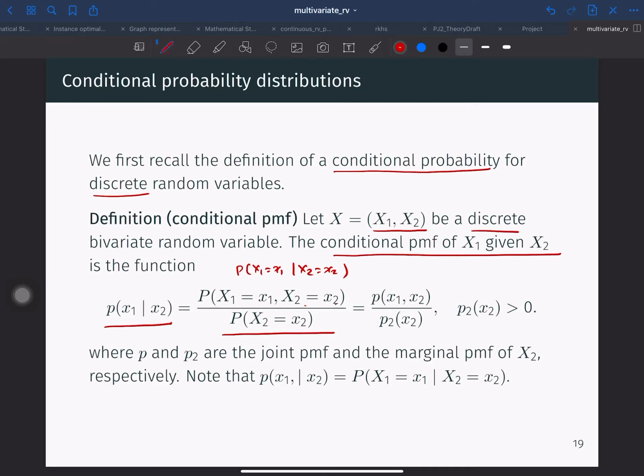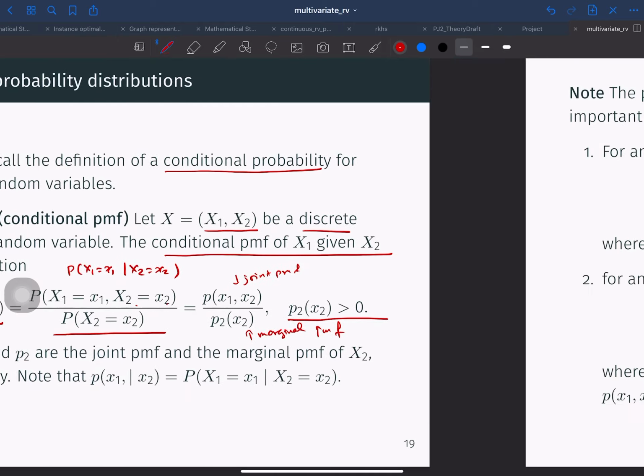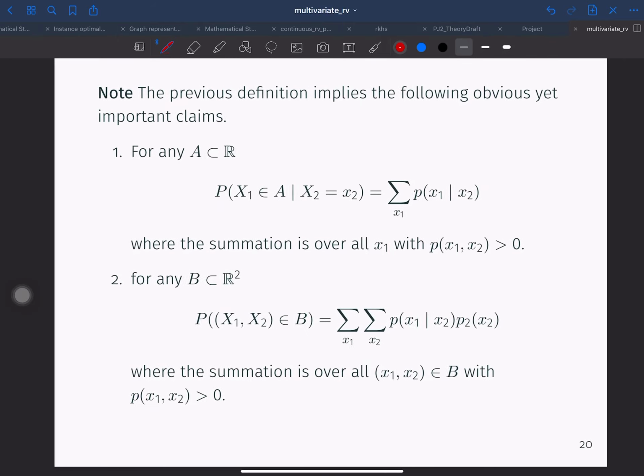And by the definition, that's just the joint PMF divided by the marginal PMF. And this is well defined as long as the marginal PMF for x2 is bigger than 0. So that is all easy and good.